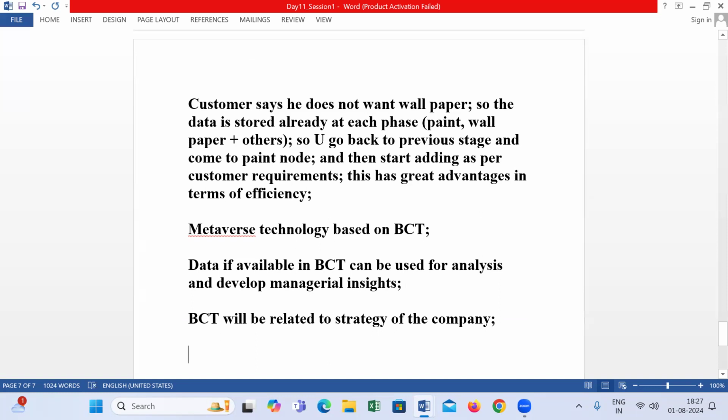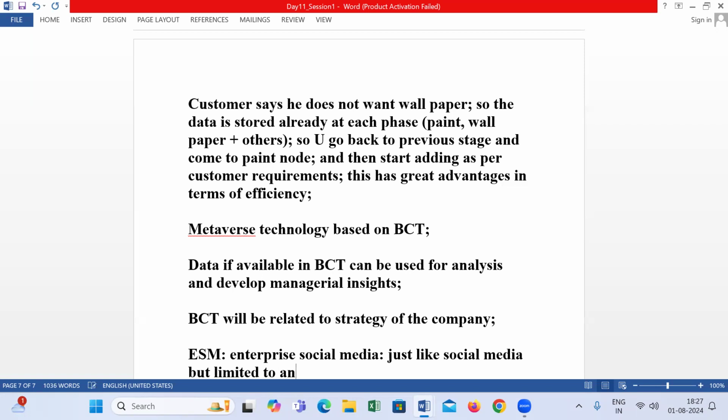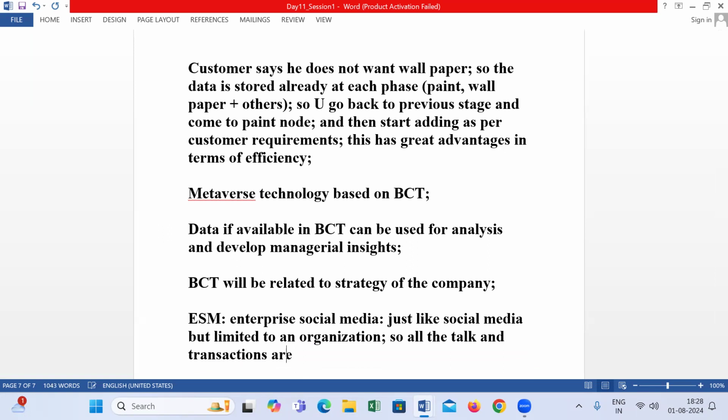Then comes the ESM. Here ESM is referred to as enterprise social media. Just like Facebook, just like social media, but limited to company and organization. So all the talk and transactions are recorded.